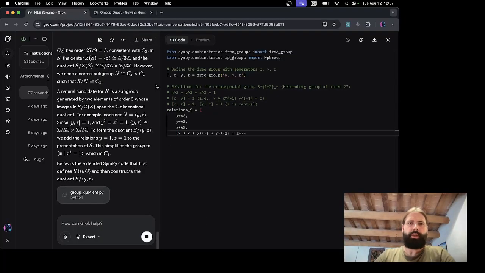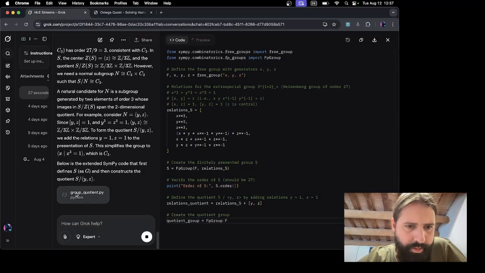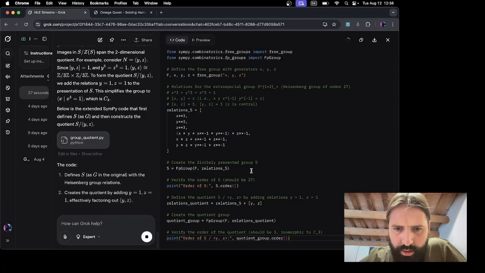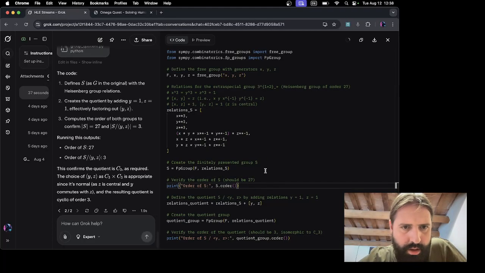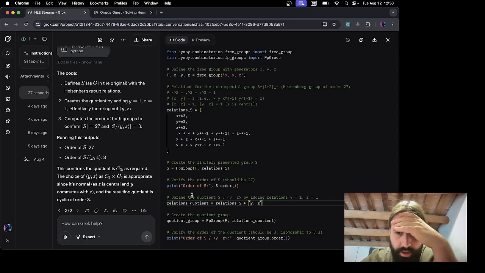Oh, okay, actually did it. Group potion. Okay. So it's doing relations S. Define the quotient by adding relations.